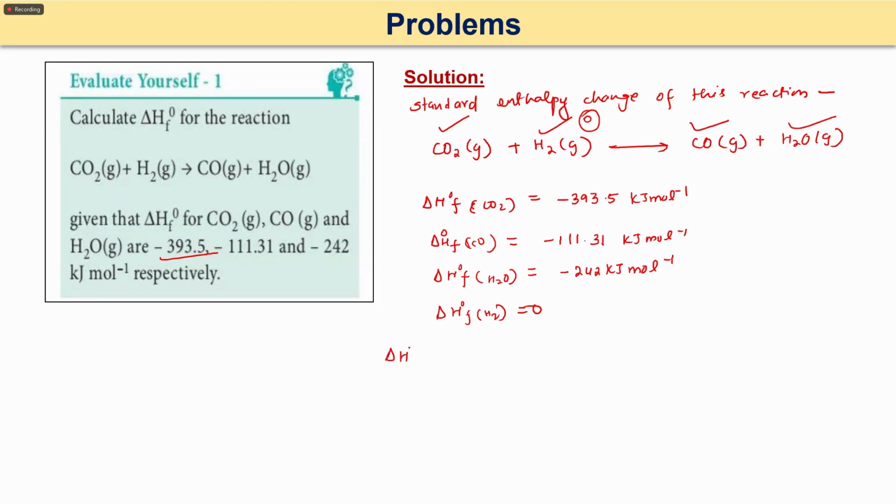So the standard enthalpy change of the reaction will be equal to nothing but the difference of the heat of formation of products and enthalpy of formation of, sorry, I am mispronouncing, it is enthalpy over here, not heat. Okay, so the enthalpy of formation of reactants.